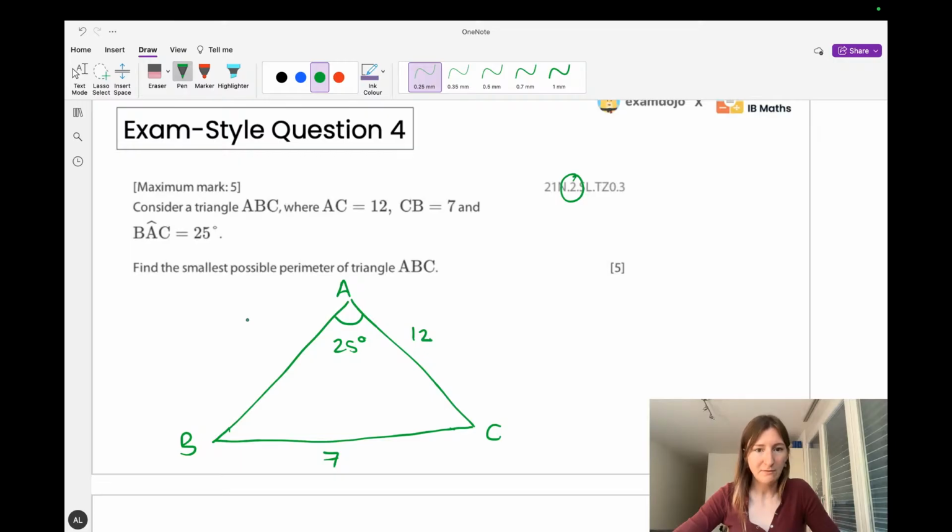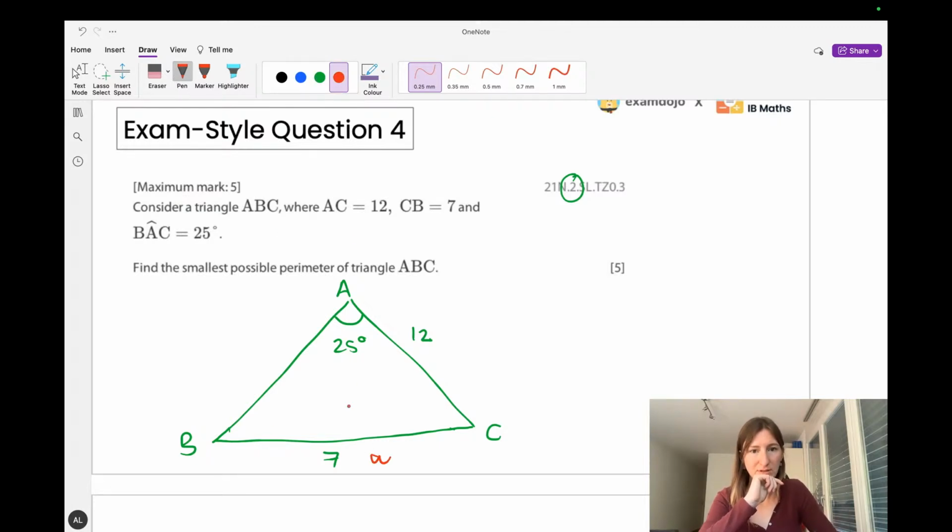All right, what have we been given here? How interesting. We need to find the smallest possible perimeter. Not sure. What might we need to find? So let's see. Let's label my triangle. Let's use another color.